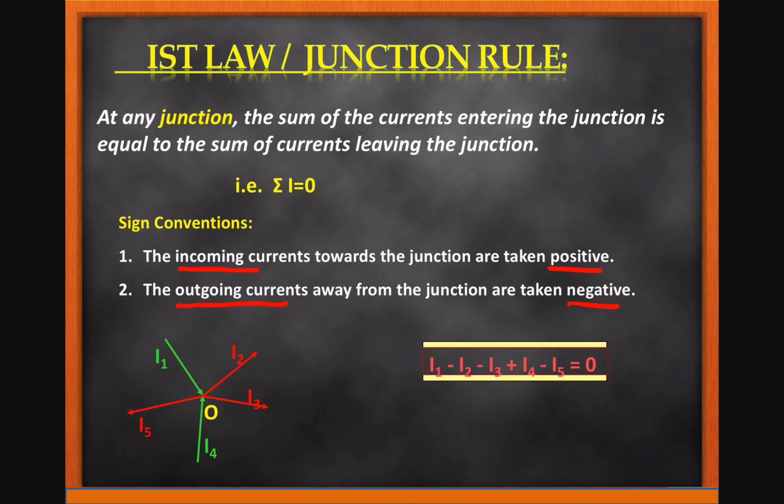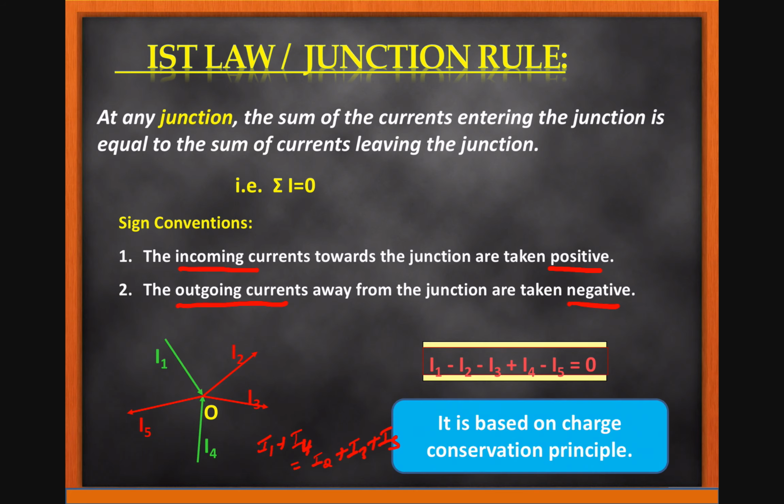In this we have taken I2, I3, I5 negative because they are leaving from point O. So we can write here that I1 plus I4 is equal to I2 plus I3 plus I5. So current entering is equal to current leaving. This law is based on the charge conservation principle. Very important point.